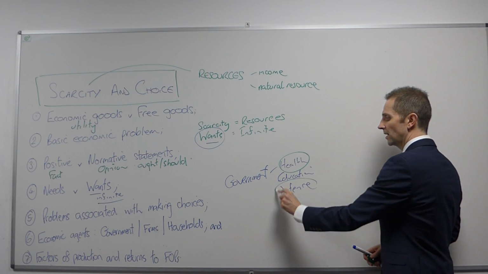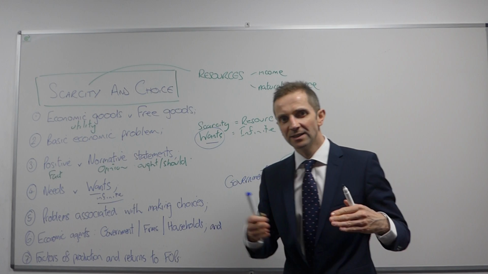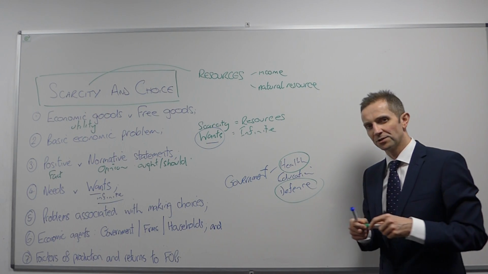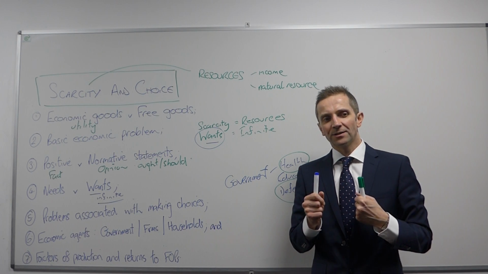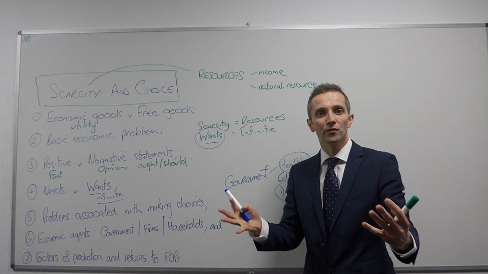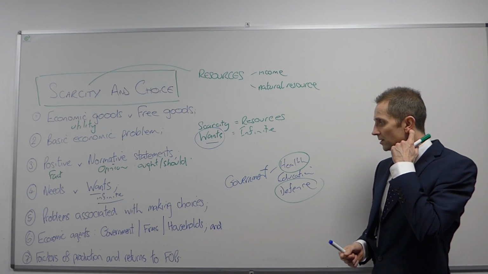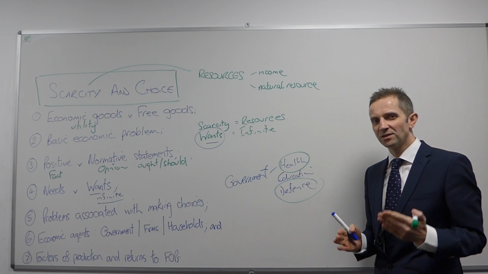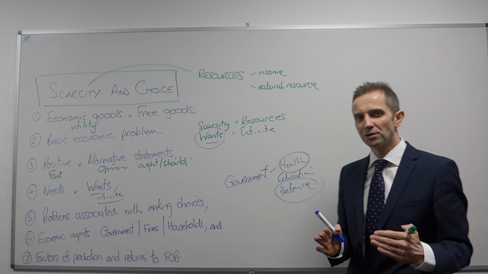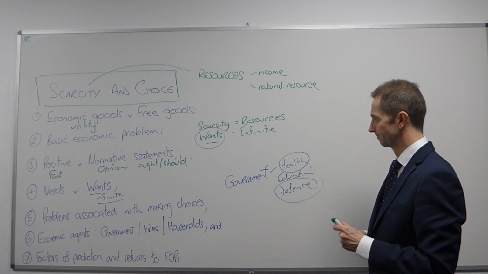Or maybe it means that the Tornado jet, which I believe has just been decommissioned, the final flight was just last week, it means that defence does not get a whole raft of new Typhoon fighters, for example, to replace the Tornado jet. So from a government's perspective, this whole notion of scarcity and choice is a much bigger problem, isn't it?